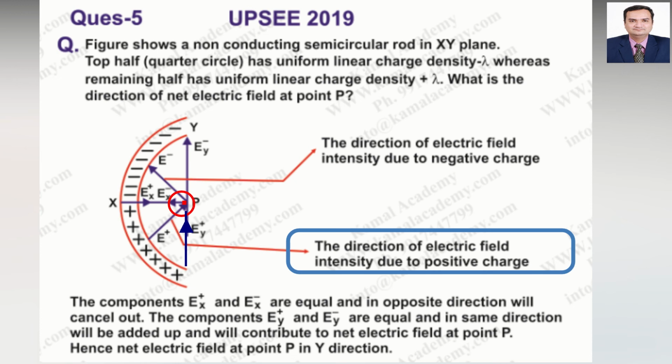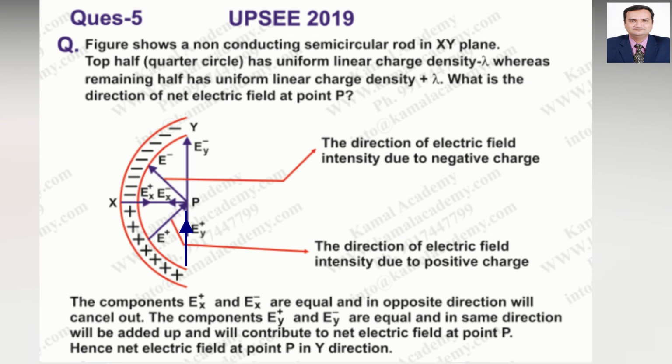The electric field intensity E positive can be resolved into two components, E positive X in X direction and E positive Y in Y direction. Similarly, the electric field intensity E negative can be resolved into two components, E negative X in negative X direction and E negative Y in positive Y direction.